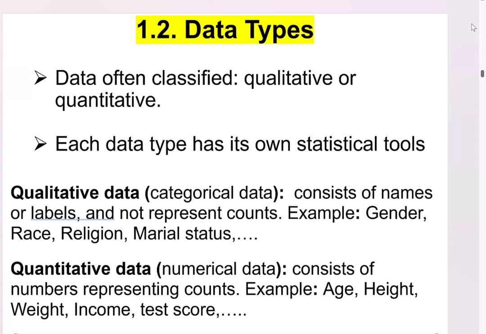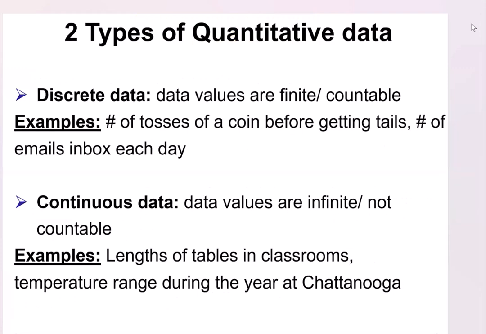Weight, 100 pound, 120 pound. Income, test score, right? So this is called quantitative data, numerical data. For quantitative data, we can classify them a little bit further by either discrete nature or continuous nature.